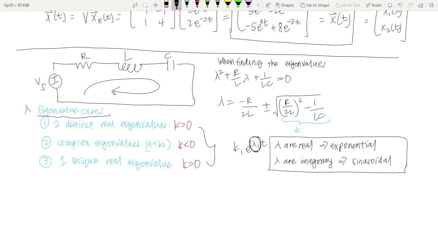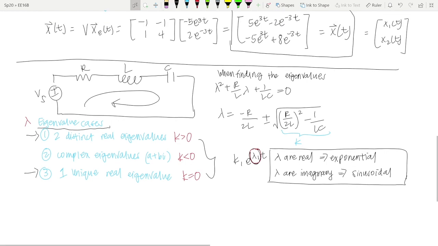So this is something to keep in mind, specifically between cases 1 and 3. The difference is whether you have one exponential term that can be simplified to just one, or two different exponential terms. So yes, this kind of shows where RLC circuits come into play and why the eigenvalues matter.